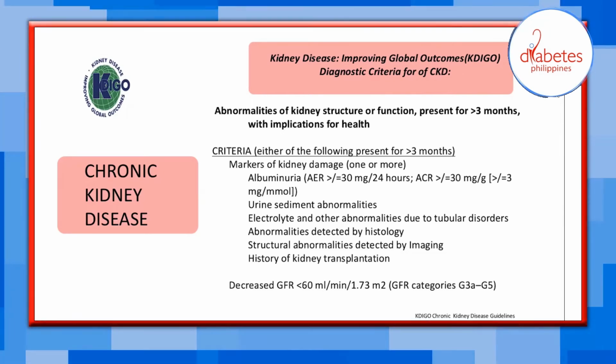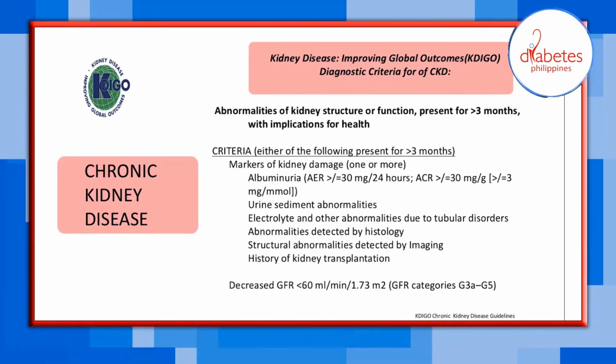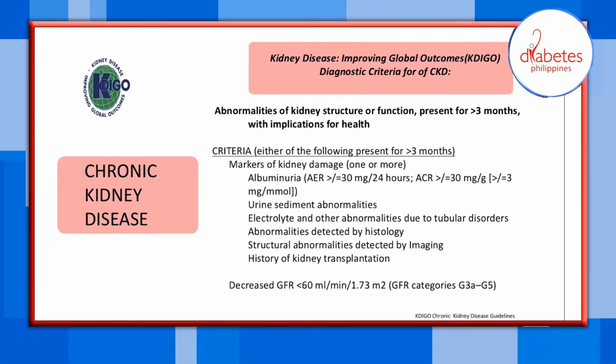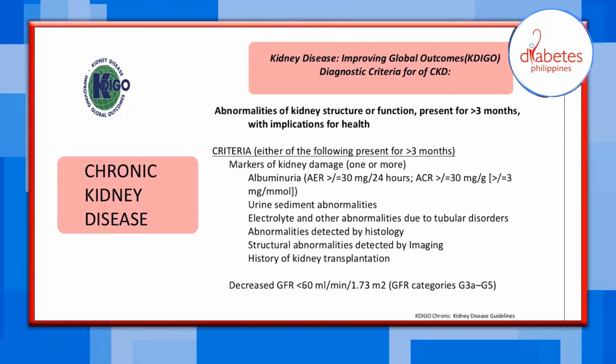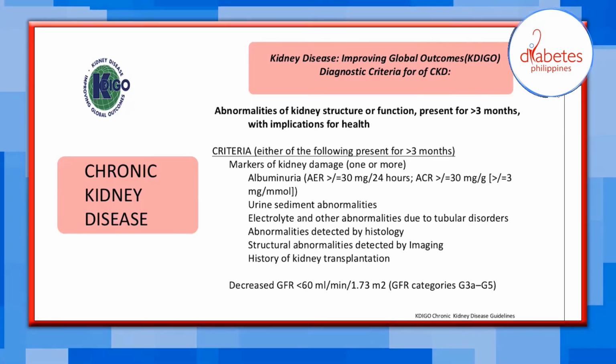So the broader term kidney disease in diabetes is used for patients with chronic kidney disease, GFR less than 60 ml per minute regardless of the background.